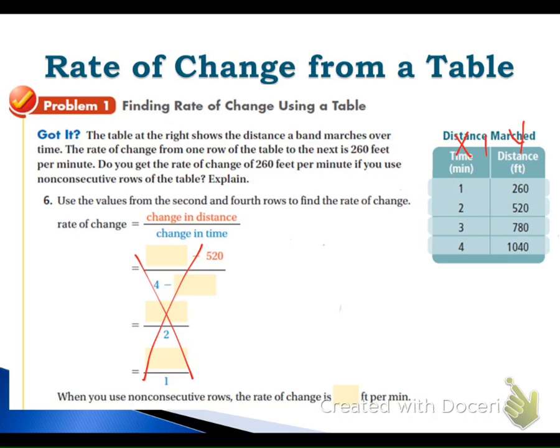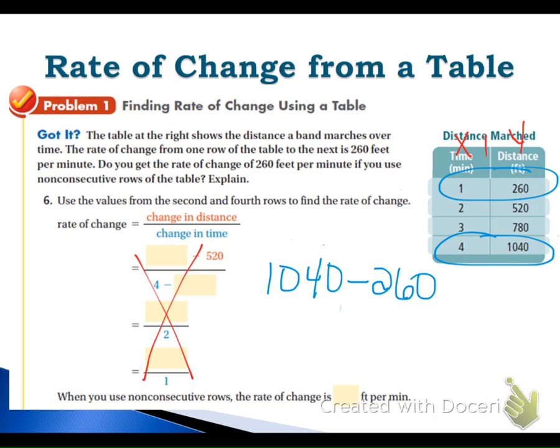To prove that slope is constant, or the rate of change is constant, let's pick two other points. Let's say in 4 minutes, what is the rate of change compared to 1 minute? Well, our y value, if we take 1040 and we subtract the 260, what do we get?